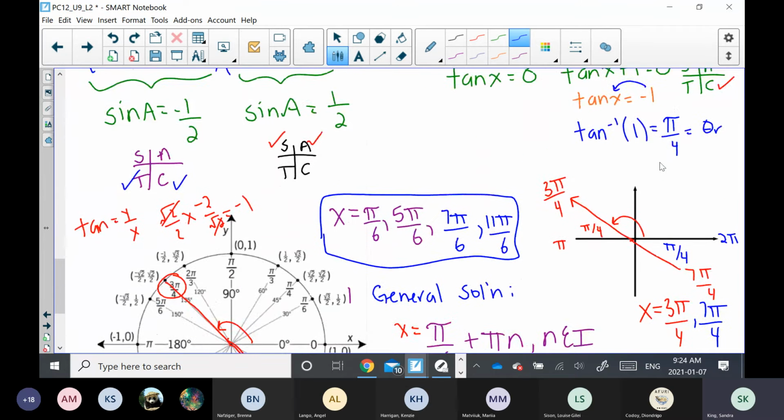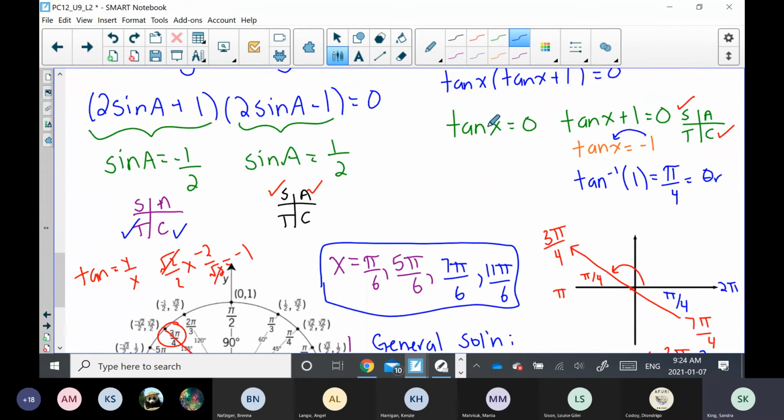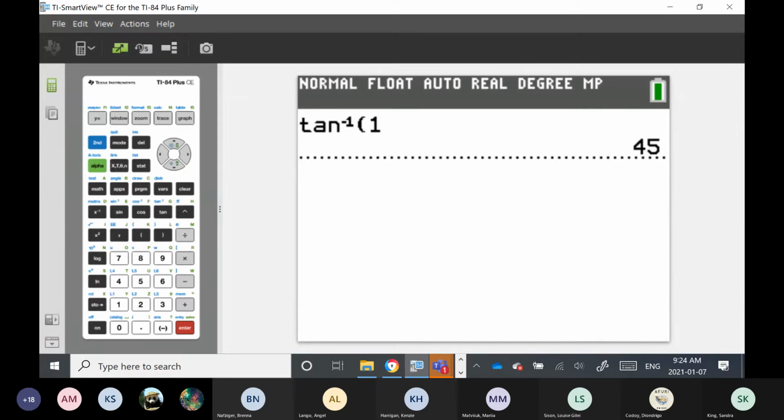Now we have to look at our other factor, which was this guy. Where's tan of x equal to 0? So I tend to only do this for tan to show students because sine and cosine, it's easy, right?